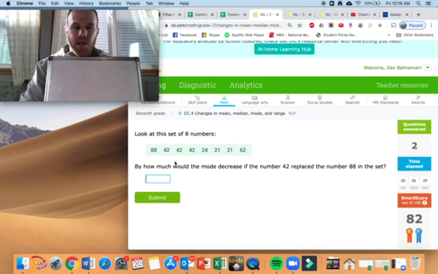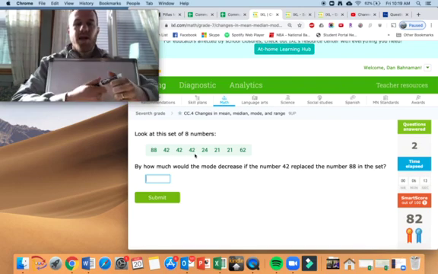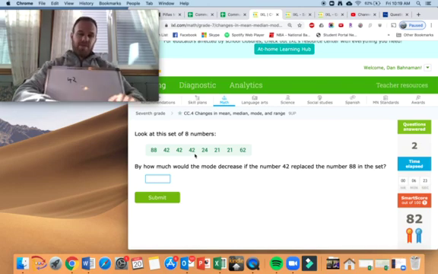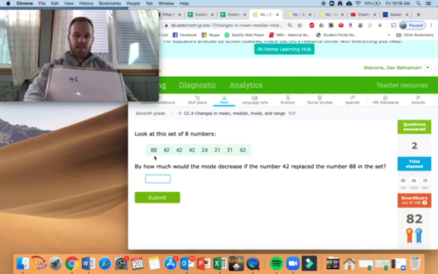So again, what I'm saying is, okay, what is the mode right now? Well, the mode right now, as I have it before making any changes, is 42. Okay? But I'm saying, what if this 88 changed to be a 42? So it would be 42 and then so forth.